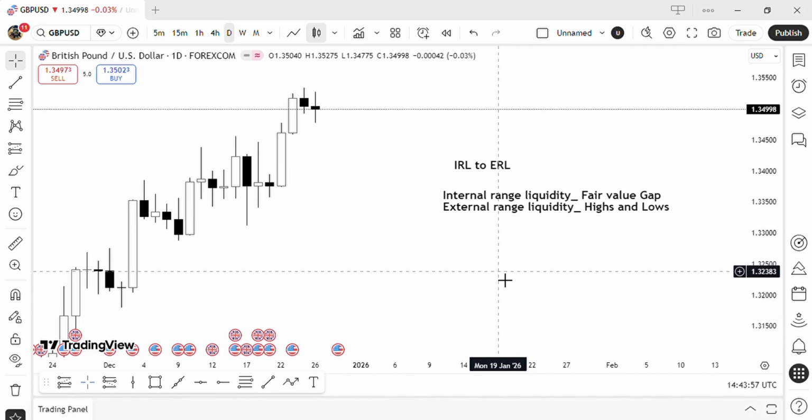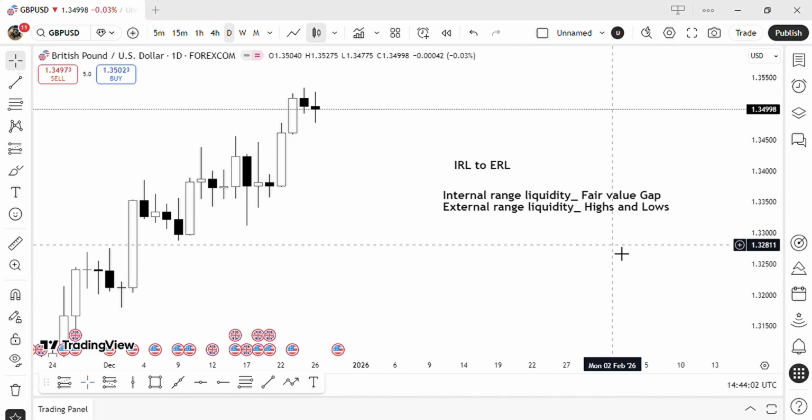So price seeks out internal range liquidity, which is otherwise known as the fair value gap, and then once it seeks it out, price from the internal range liquidity has a probability of pushing out into the external range liquidity, that is to go and clear old high or old low, and after clearing old high or old low, there is the probability of price to return back into the fair value gap. What do we mean by this?